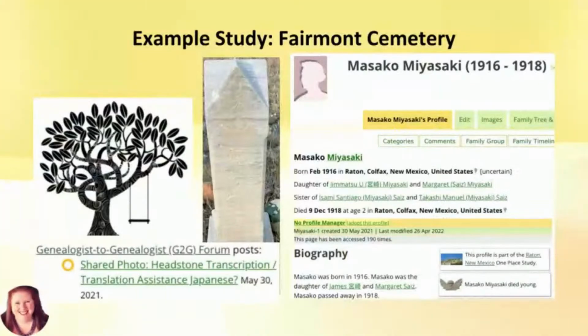I wanted to share this profile with you from the cemetery study because it really showcases the community at WikiTree. For those children that die young, their profiles are pretty empty because the biography doesn't have a lot to it. So you can see in the upper left corner of this slide, there's an image of a tree with an empty swing.